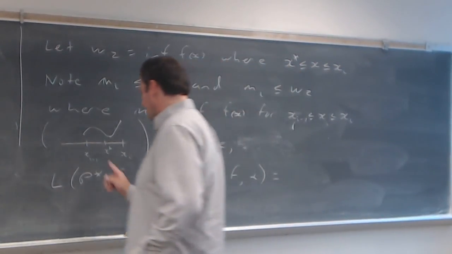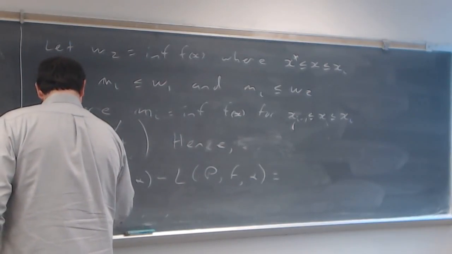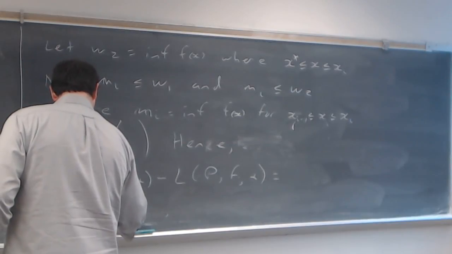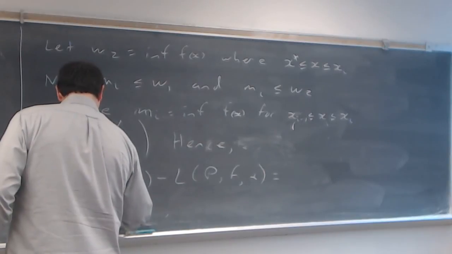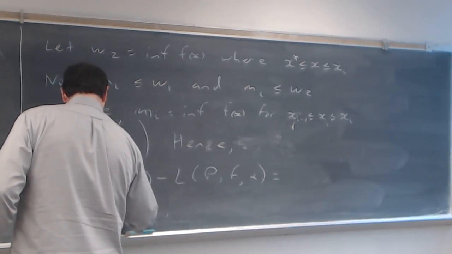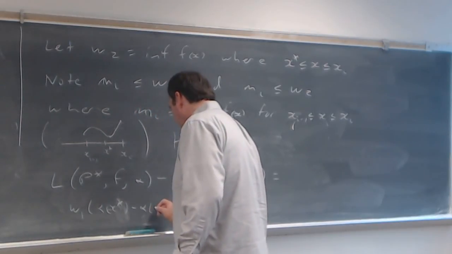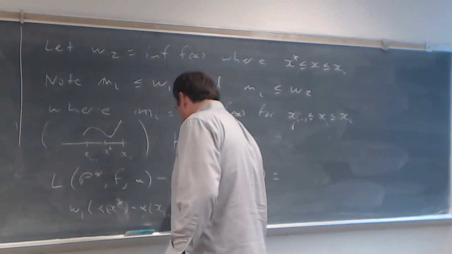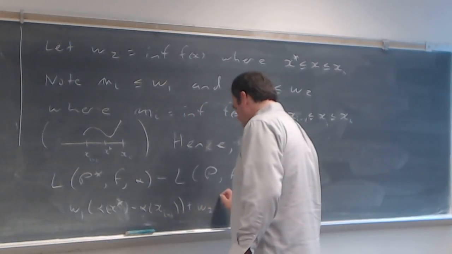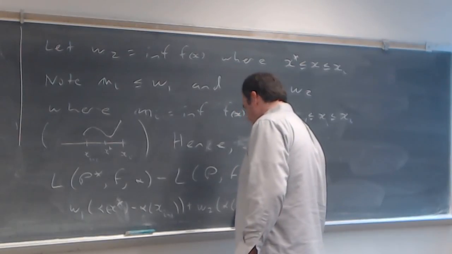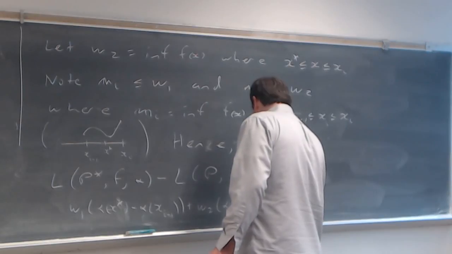And so their difference over this region is going to be w sub 1 times alpha of x star minus alpha of x sub i minus 1, and then plus w sub 2 times alpha of x sub i minus alpha of x star.